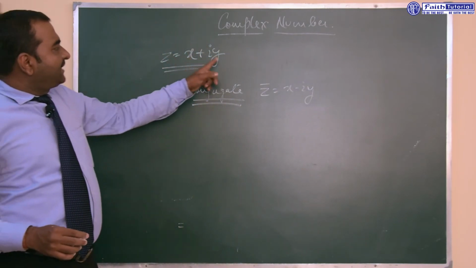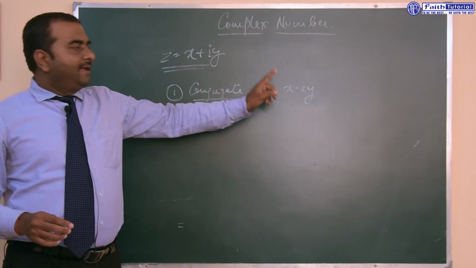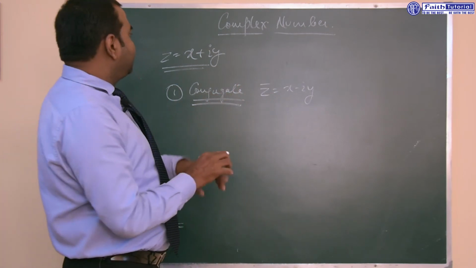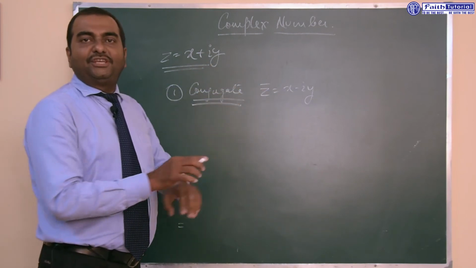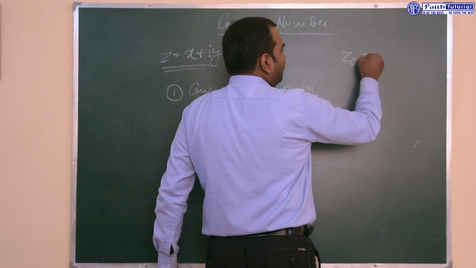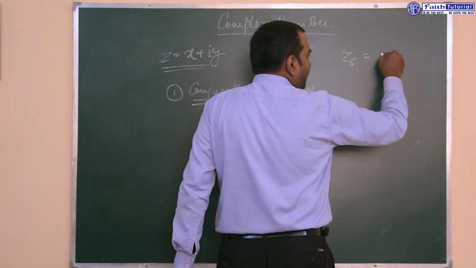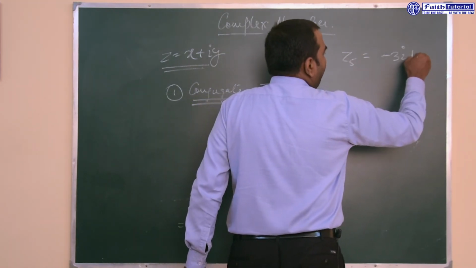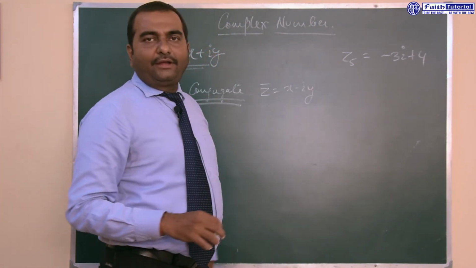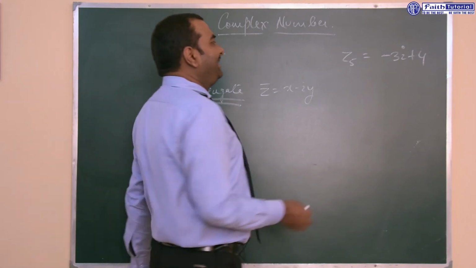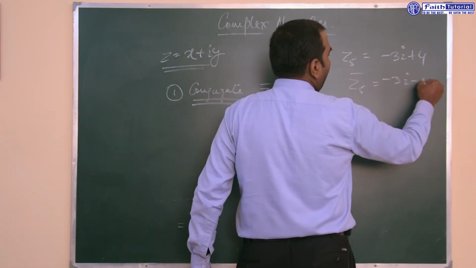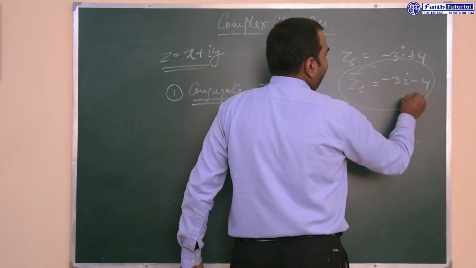So the conjugate of x plus iy will be x minus iy, and the conjugate of x minus iy will be x plus iy, vice versa. That means the sign of the imaginary part changes. Suppose for example, z5 is minus 3i plus 4. If we intend to find out the conjugate of this, there is a very common mistake. I have seen people writing z bar as minus 3i minus 4, which is actually wrong.